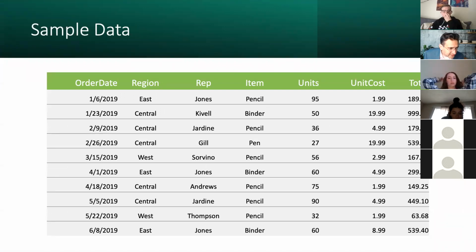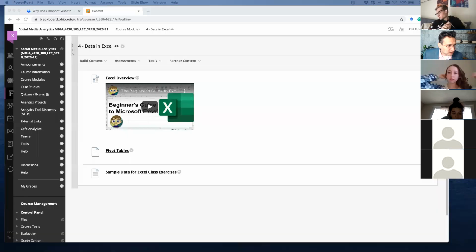So let me close the PowerPoint, and I'm going to show you my Excel file. The sample data for Excel class exercise that you've downloaded, I'm going to pull it up. You should pull it up as well, and then we're going to look at it together. Okay. All right. So I'm opening the file now.